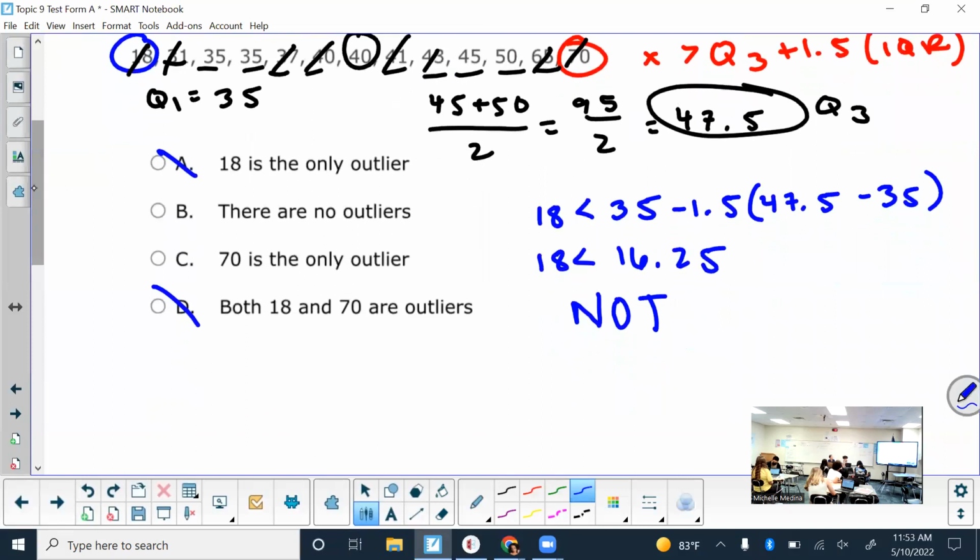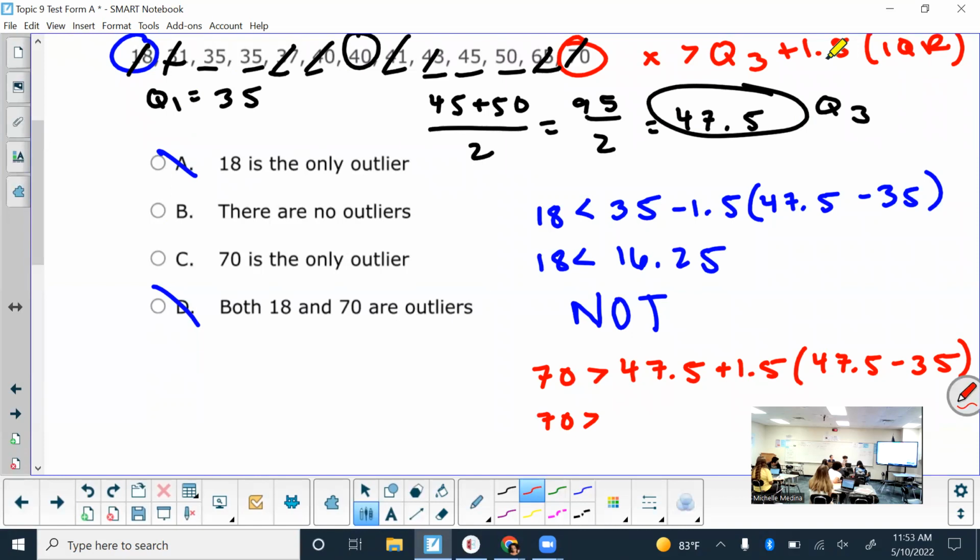So now testing the 70. So I have 70 greater than Q3, which we said is 47.5, plus 1.5 times the IQR, which again, I'll just write like this, Q3 minus Q1.